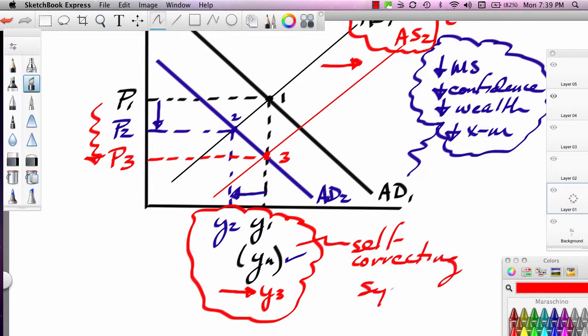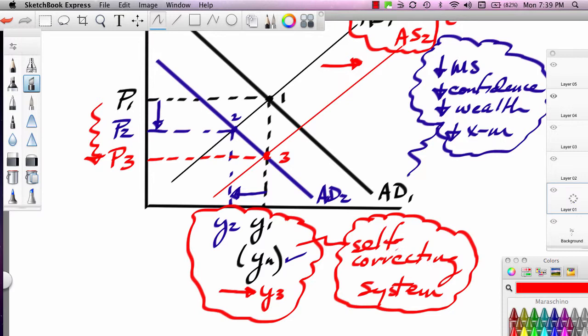Now, classical thinkers, classical economists and classical political thinkers do not argue that their market systems are always rosy and fair. We're not saying that there aren't difficulties with the economy. What we're saying is that market forces create incentives for the system to move back to or near full employment.